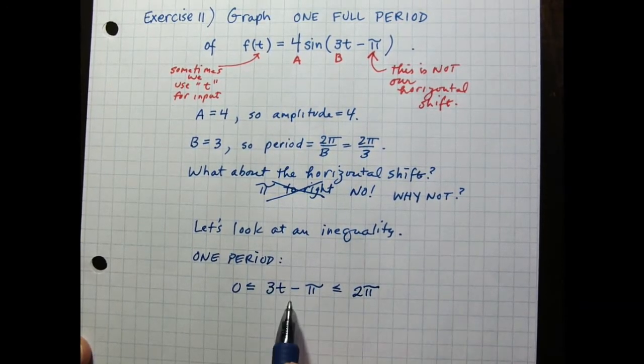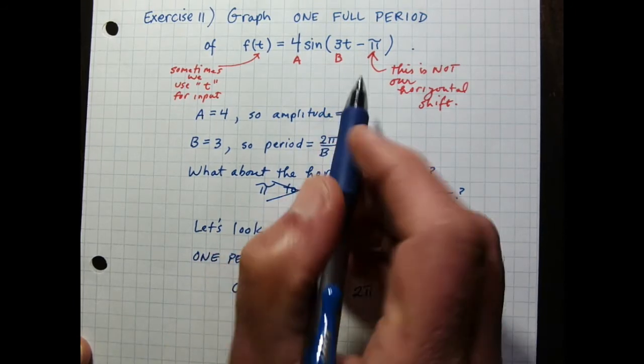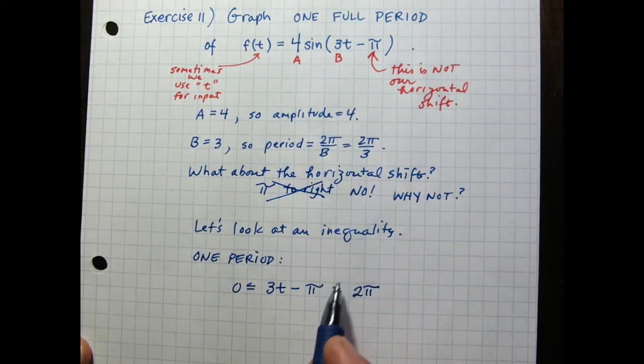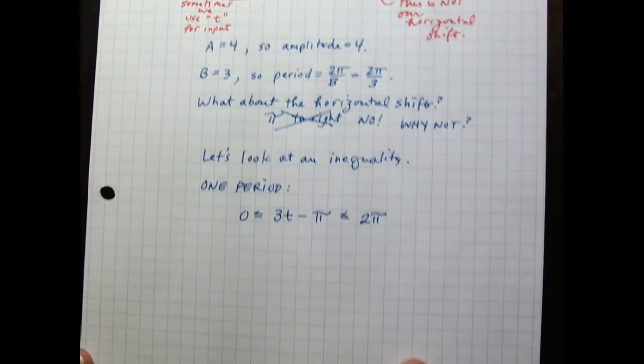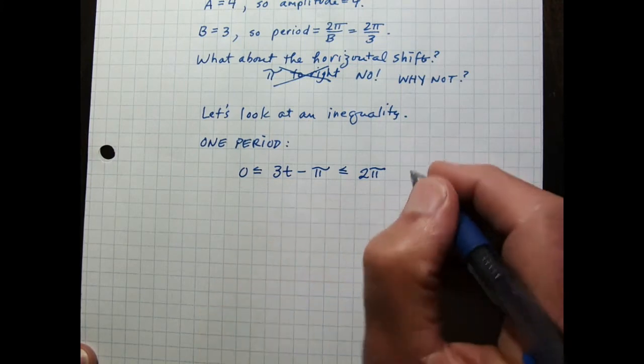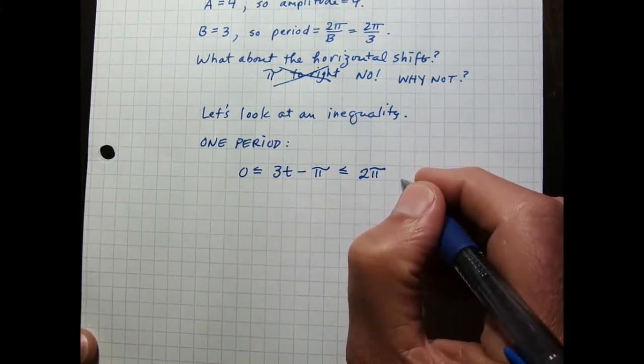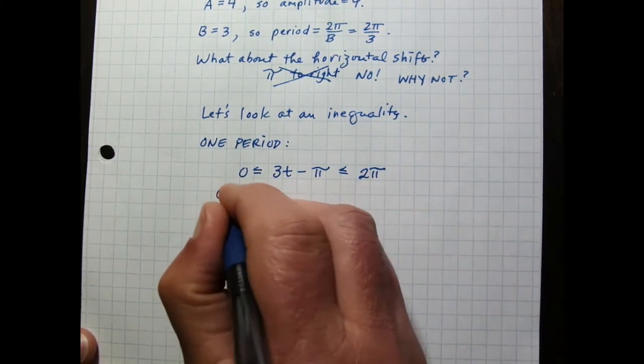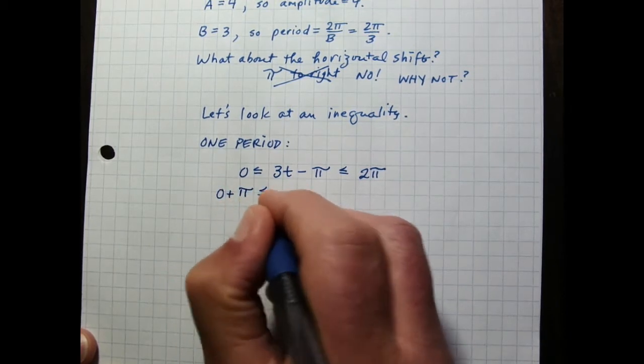We saw examples where even a more complicated function will go through one period when the expression inside parentheses takes values between 0 and 2 pi. Now we want to isolate t. So I'm going to add pi to each part.